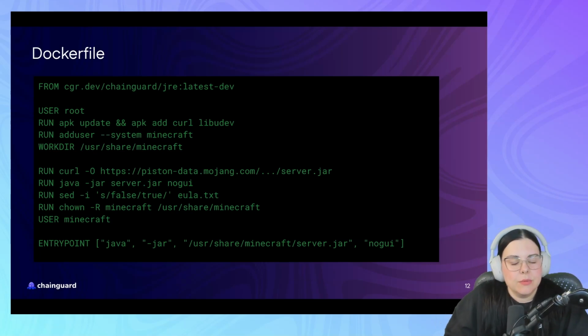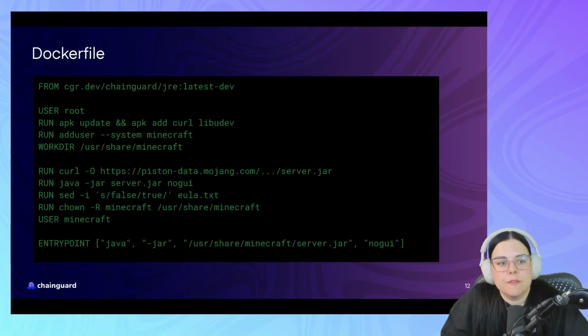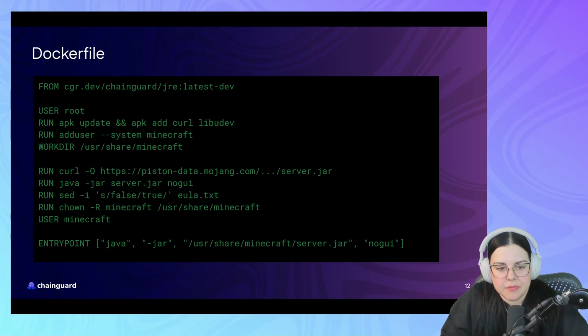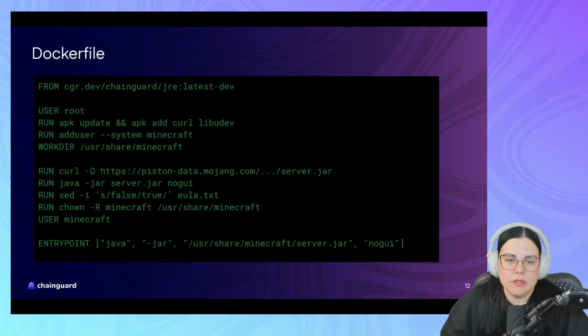And then we set the permissions for the workdir to the minecraft user, change to the minecraft user, and finally we set the entrypoint to the jar file. So this will run the server with default settings. Okay, so it will be a survival mode world with a random seed, which means that when we start the game, it's going to be a random place for all players.